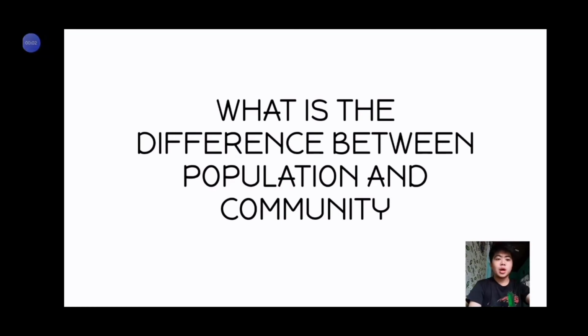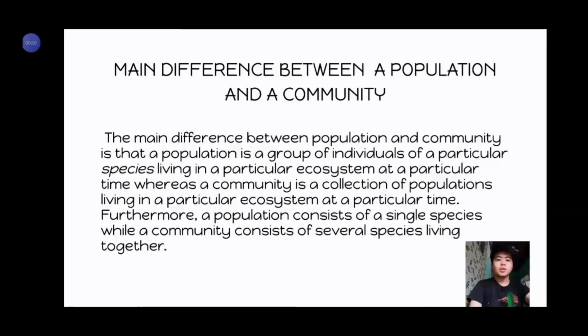To continue our discussion, let's proceed. What is the difference between population and community? The main difference is that a population is a group of individuals of a particular species living in a particular ecosystem at a particular time, whereas a community is a collection of populations living in a particular ecosystem at a particular time.